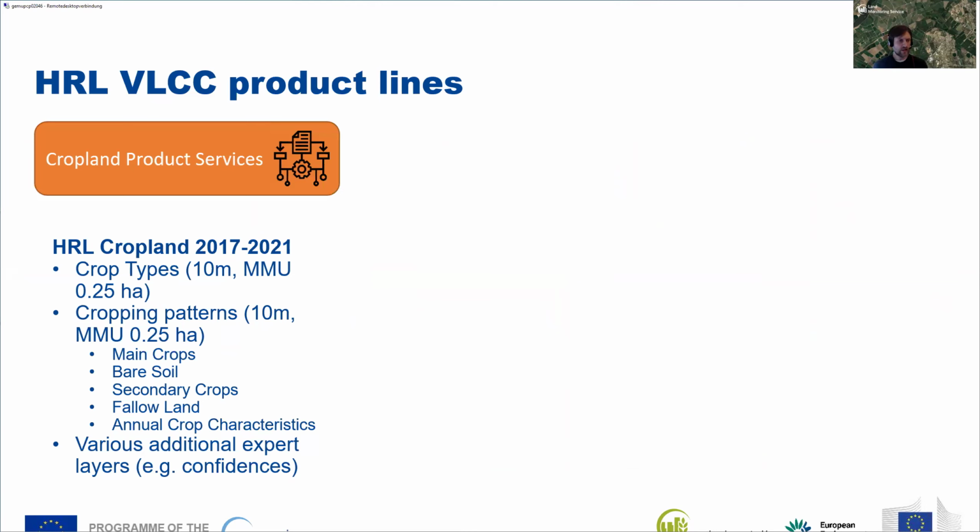Those crop products are accompanied by some additional expert products, for example, the cropping patterns, which have the same spatial resolution and also the same MMU of 0.25 hectare applied.